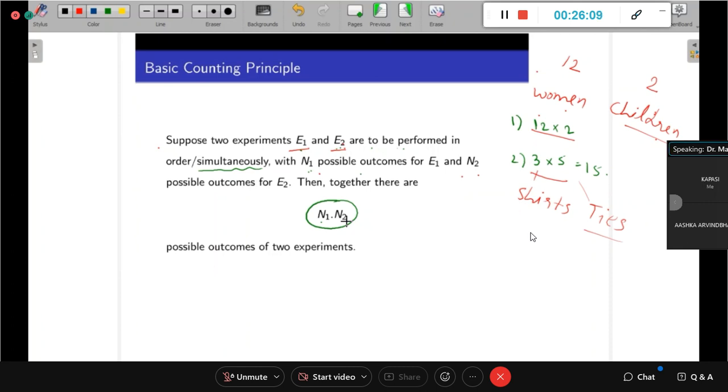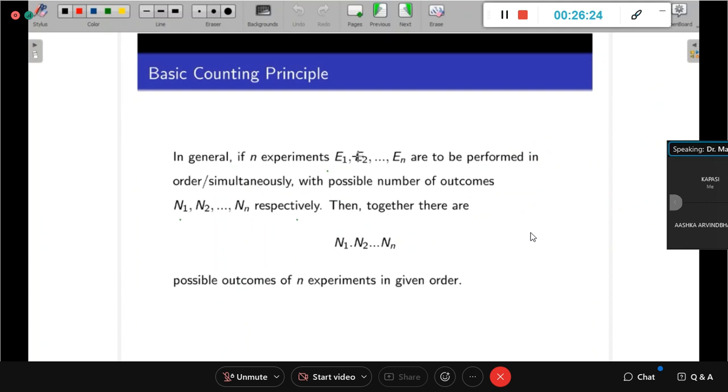Now, this is not restricted to only 2 experiments. You can extend it to any finite number of experiments. Okay, so what do you mean? It's as follows. Suppose you have n experiments to be performed simultaneously, with possible number of outcomes n1 to nn respectively.